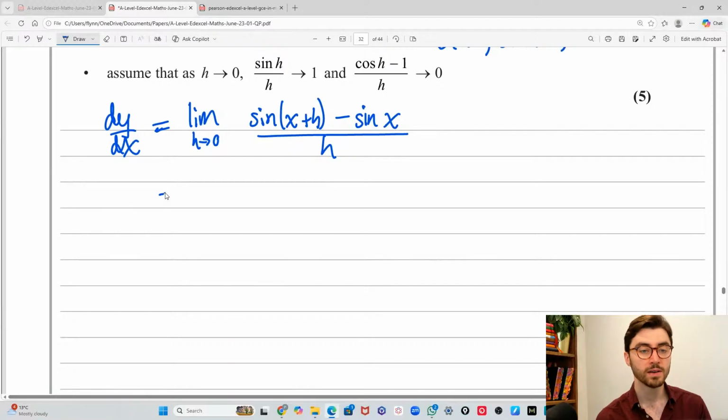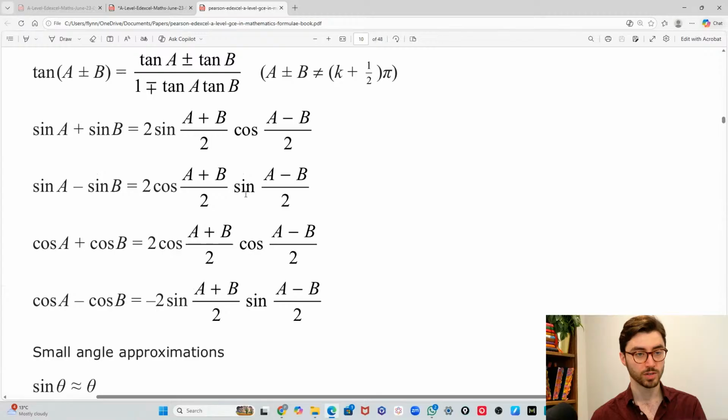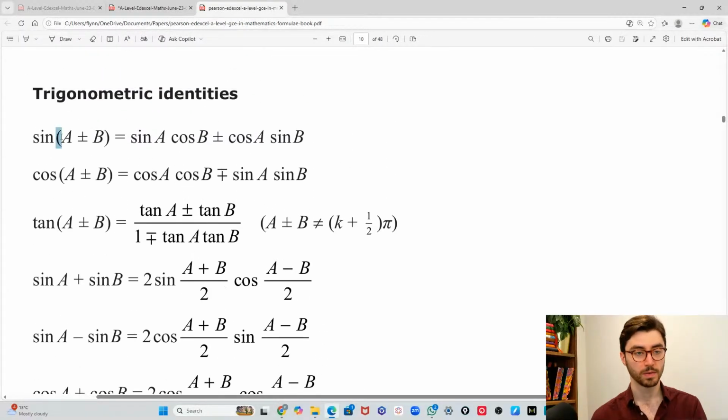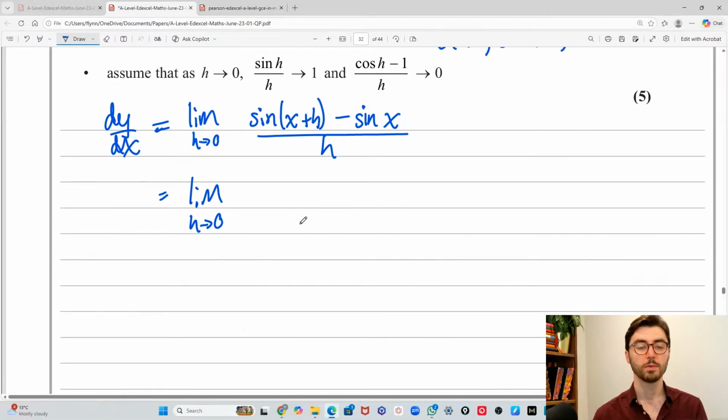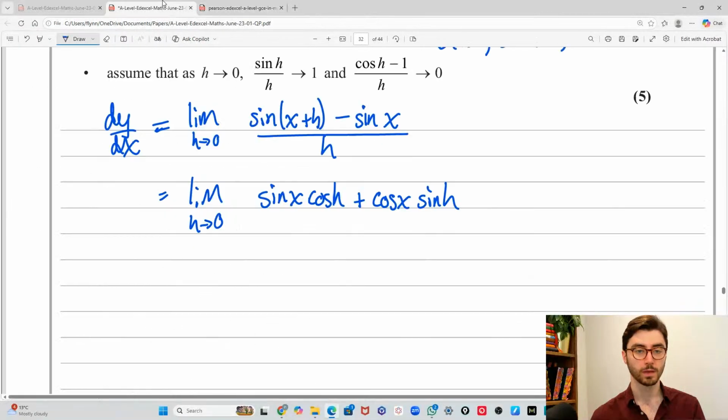What we're going to have to do here is use the addition formula on the sine of x plus h, which is in your formula book. So that will be sine x cos h plus cos x sine h, minus sine x, all over h.